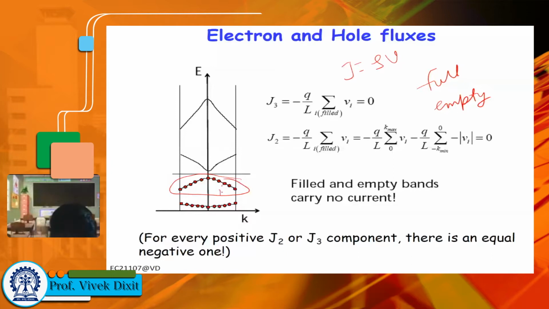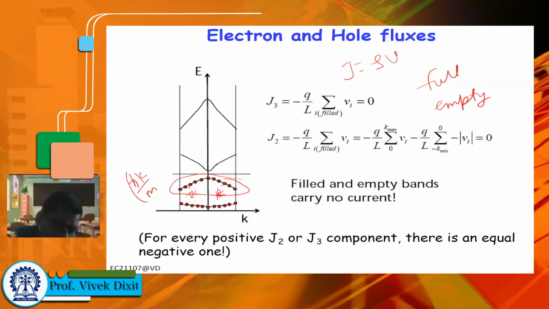For every wave vector k inside the Brillouin zone, there is a wave vector minus k also. They will have the velocity, or we can say phase velocity, h bar k over m.